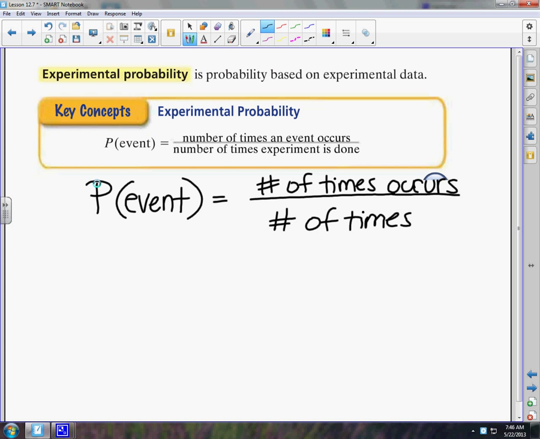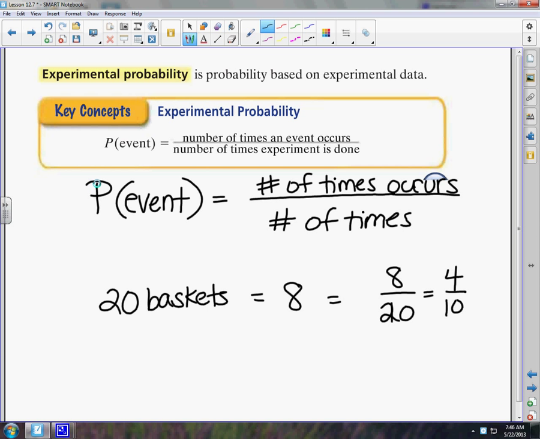So if I go to a basketball court and I shoot 20 baskets or free throws and I make 8 of them, my probability of making a free throw would be 8 out of 20 or 40%.